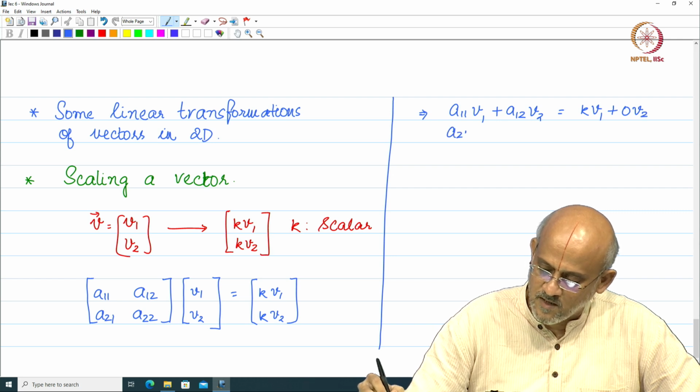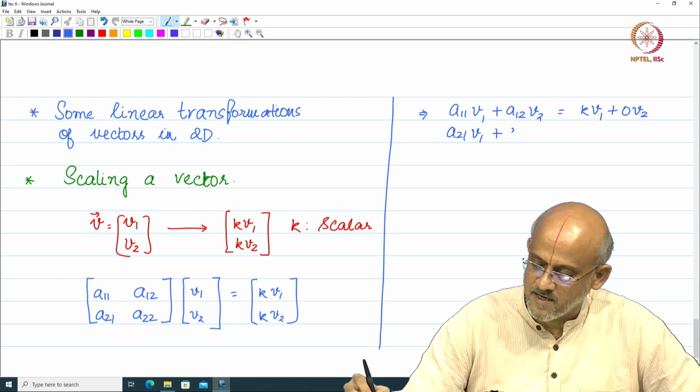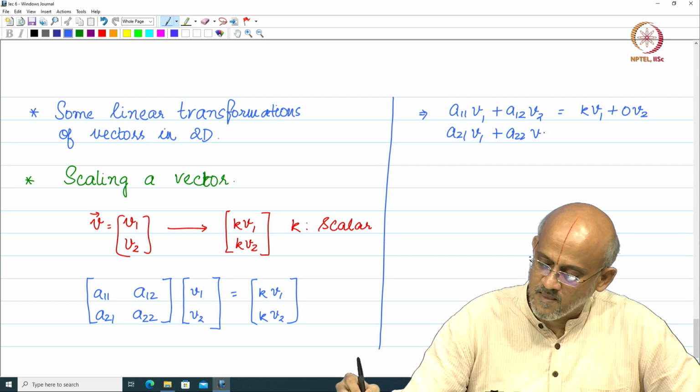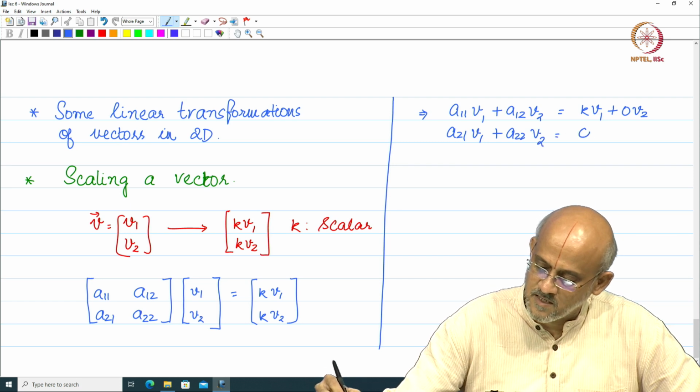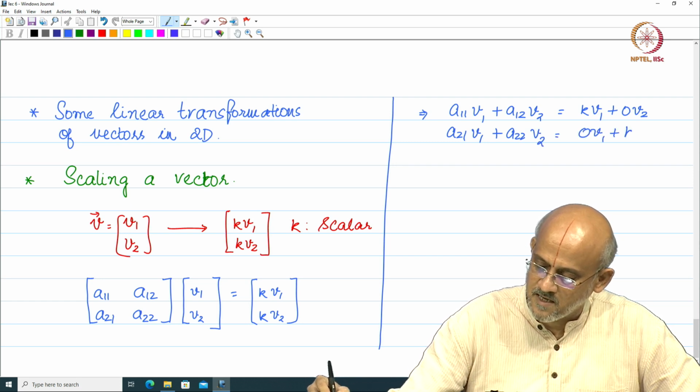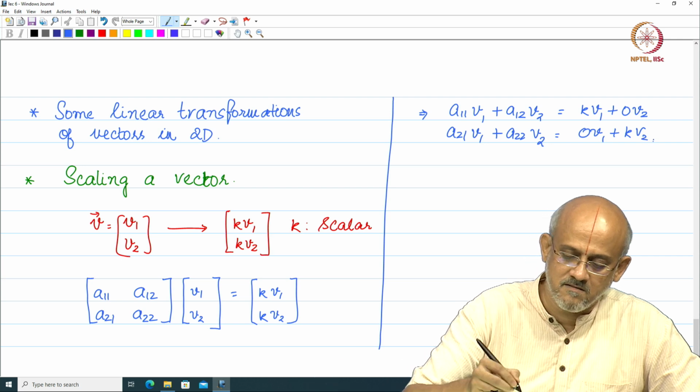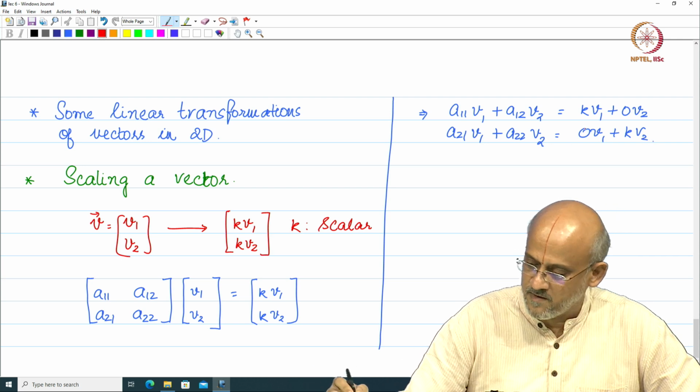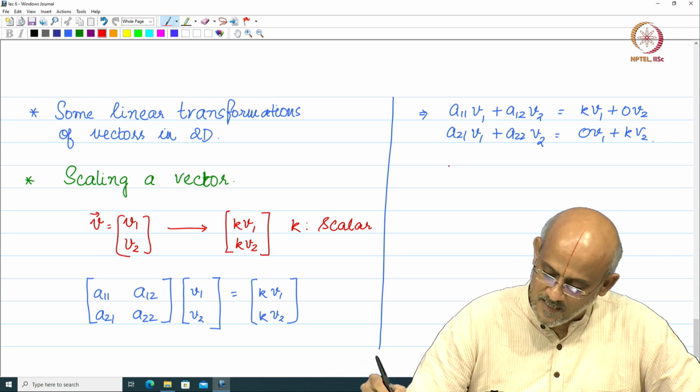Similarly, A21 v1 plus A22 v2 is equal to 0 v1 plus k v2, and if you compare the coefficients of v1 and v2 in each of these equations, we actually get the matrix which scales.